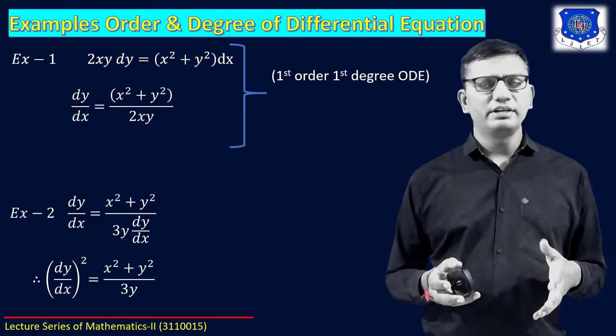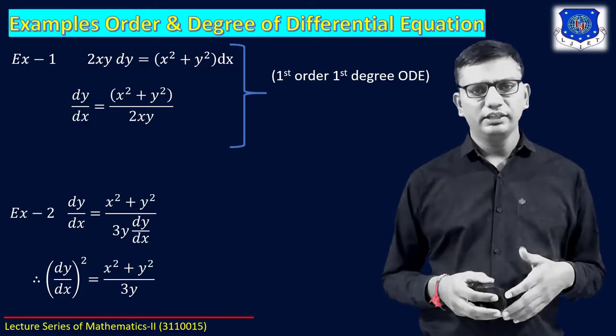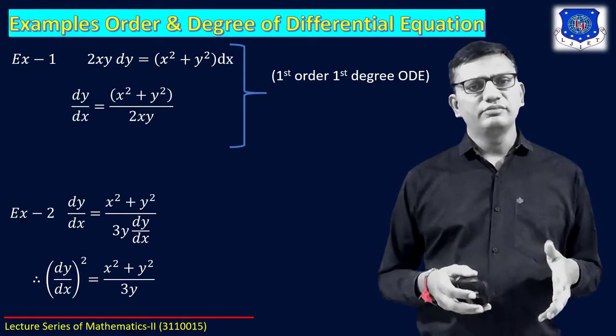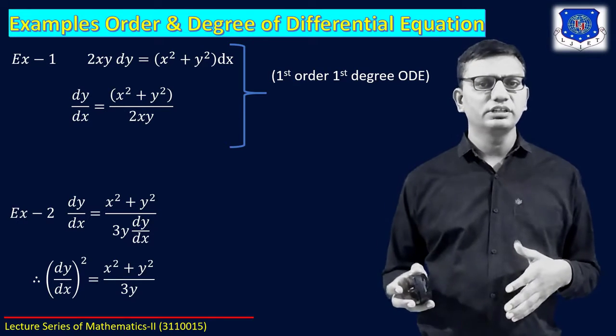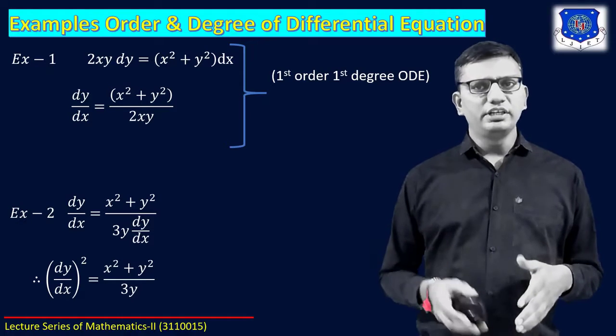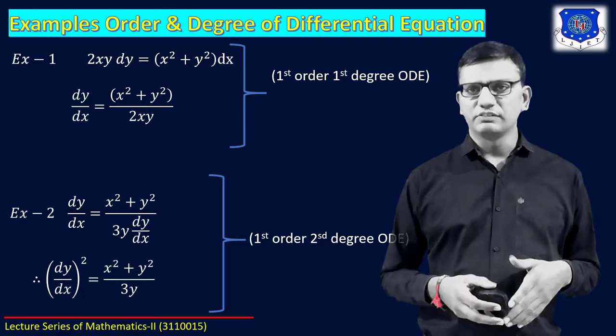Therefore we have dy by dx whole square equal to x square plus y square upon 3y. Now on the left hand side we have a first order derivative, so it is a first order differential equation, but the derivative's power is 2. So it is first order second degree ordinary differential equation.